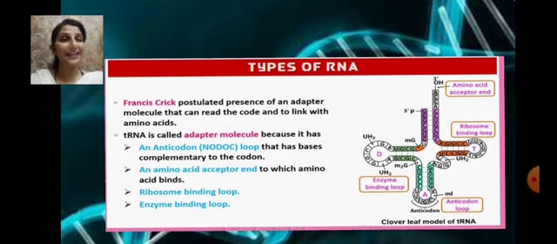Thus, it acts as an adapter because it has the ability to read the codon on the mRNA and also to link to a specific amino acid based on the bases in the anticodon loop which are complementary to the codons.